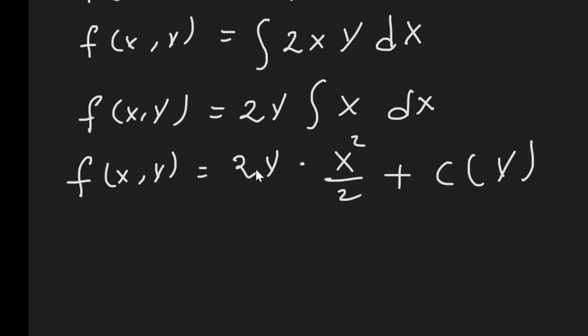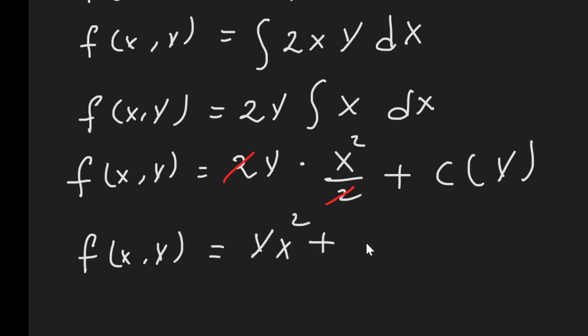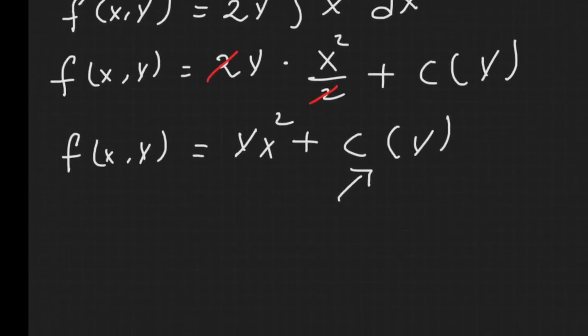Now you can see that these two will cancel, and you will end up with f of x and y equals yx squared plus c in terms of y. Now our goal is to find this c in terms of y, so you can find the general solution.